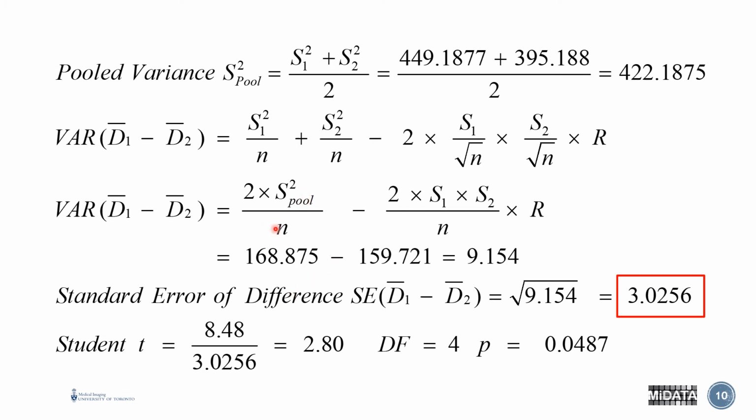If you do that, the value is 168.875. If you take the square root of 168.875, you're going to find it's 12.99, which is 13.